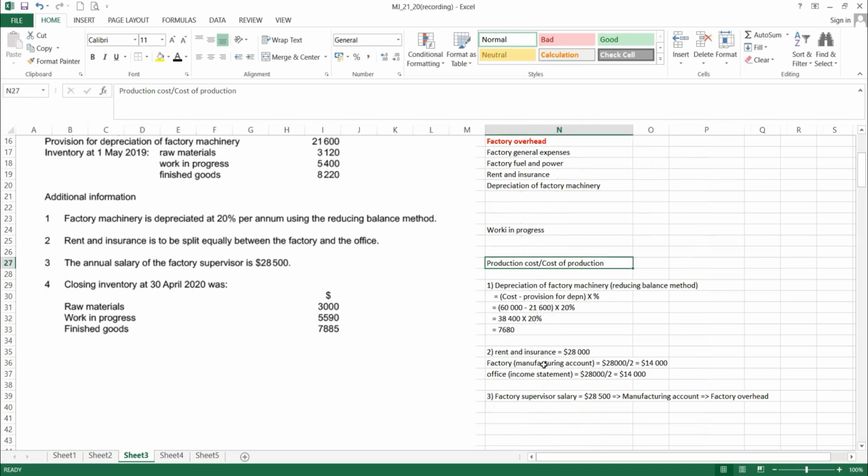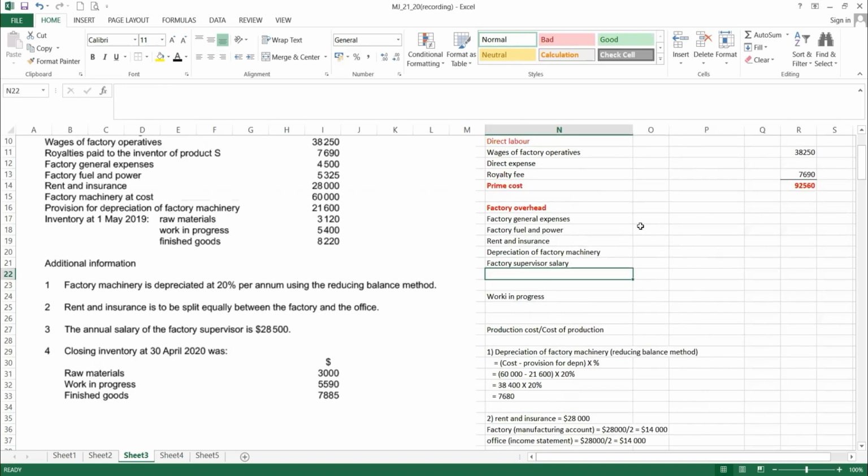Okay, rent and rates. This one we calculate, later we need to put. Okay, one more item in here. Factory supervisor salary. So this one has to be put in. No more, no others.